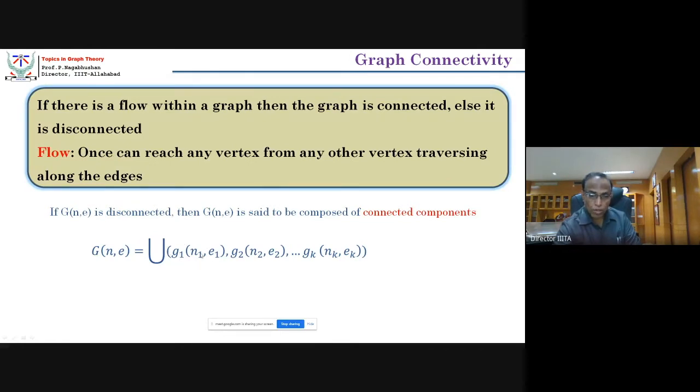But overall, there is no connectivity between G1 and G2. You cannot reach a vertex present in G2 starting from a vertex present in G1. Then it is a disconnected graph. Or in other words, each component is an island by itself. They are all islands, and the connectivity is not there amongst them. So it is the union.